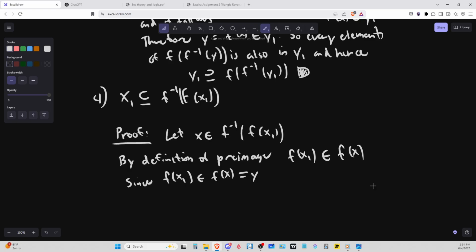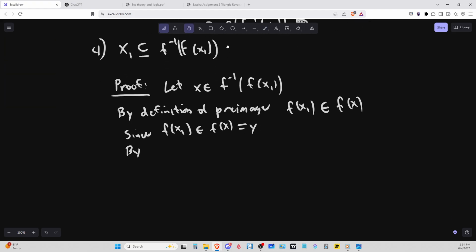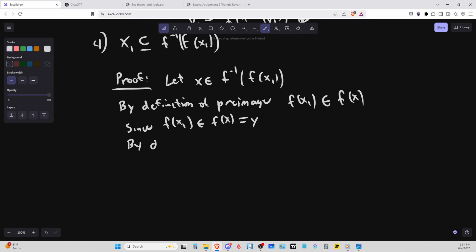I mean, technically, didn't we already... No. Because we have to show that it's an x1. And... So maybe we have to do it by the definition of pre-image again. So by definition of pre-image.